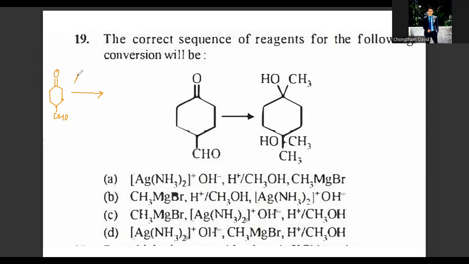Ammoniacal silver salts, it can be chloride or hydroxide. When you add Tollens reagent, what happens? This aldehydic group is going to be oxidized and forms a carboxylic acid. Now, an esterification reaction can take place by addition of alcohol. When acid reacts with alcohol, what happens? There will be formation of ester.